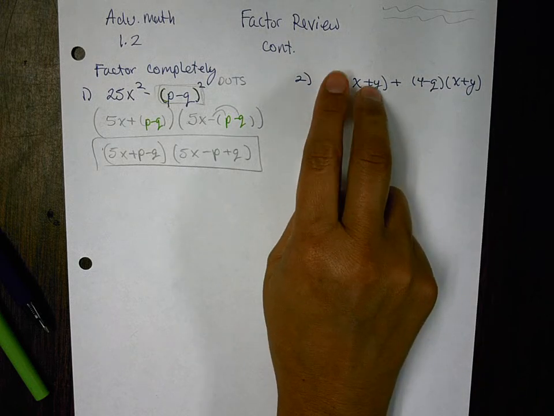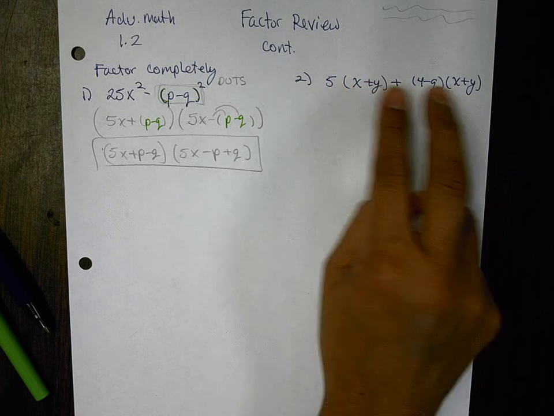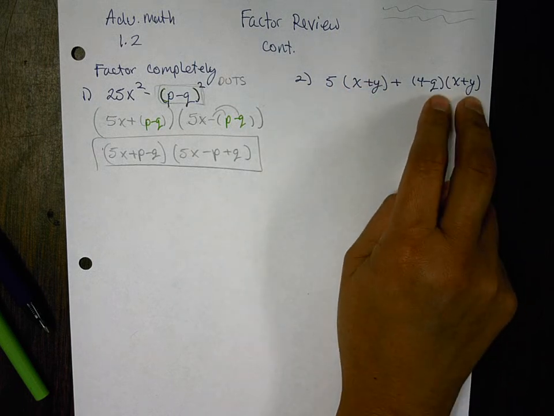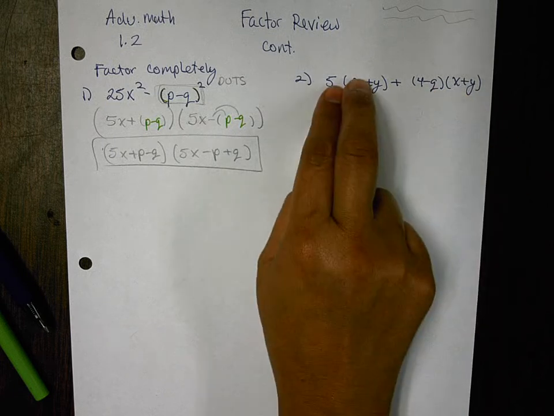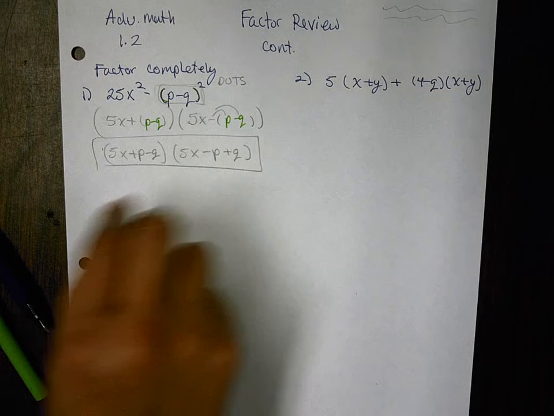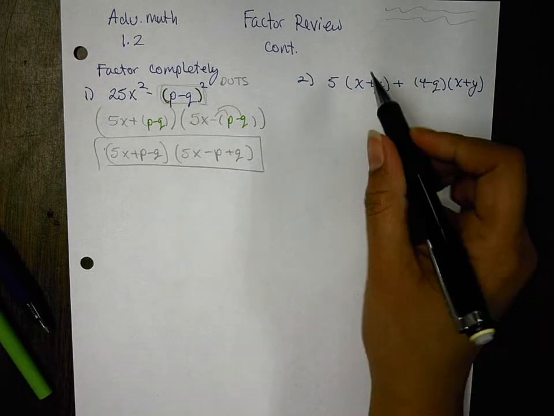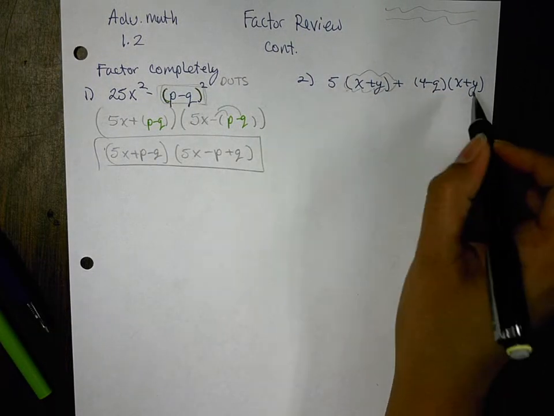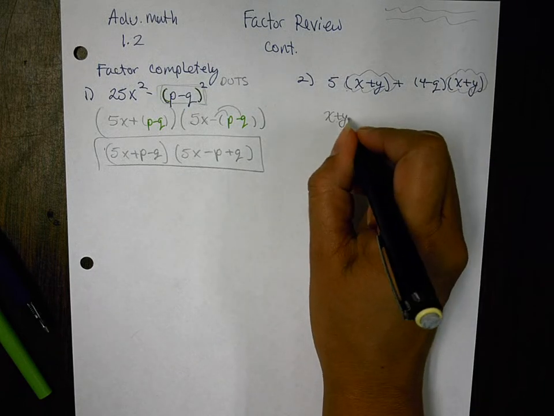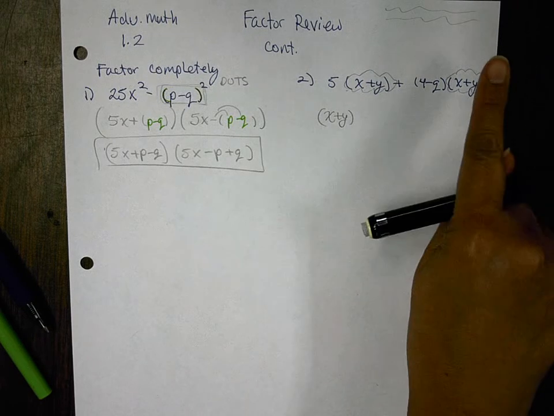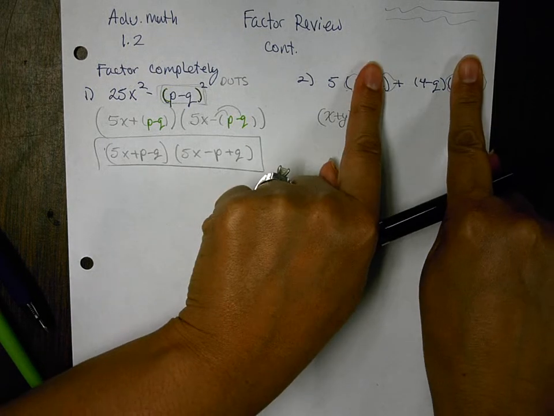Your first term has two factors, the 5 and the x plus y, and your second term also has two factors, the 4 minus q and the x plus y. And these two terms have a common factor. The common factor is x plus y, so that's your greatest common factor. You're going to factor it out, and what's left over when you factor out the x plus y's?